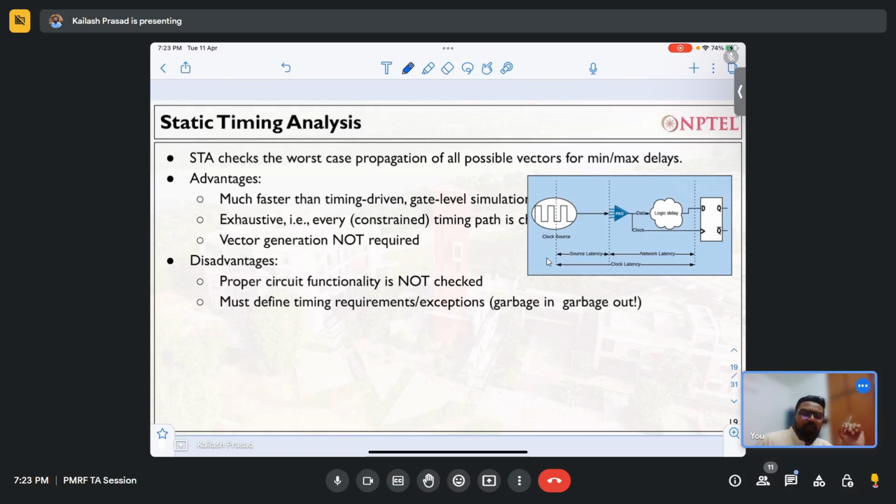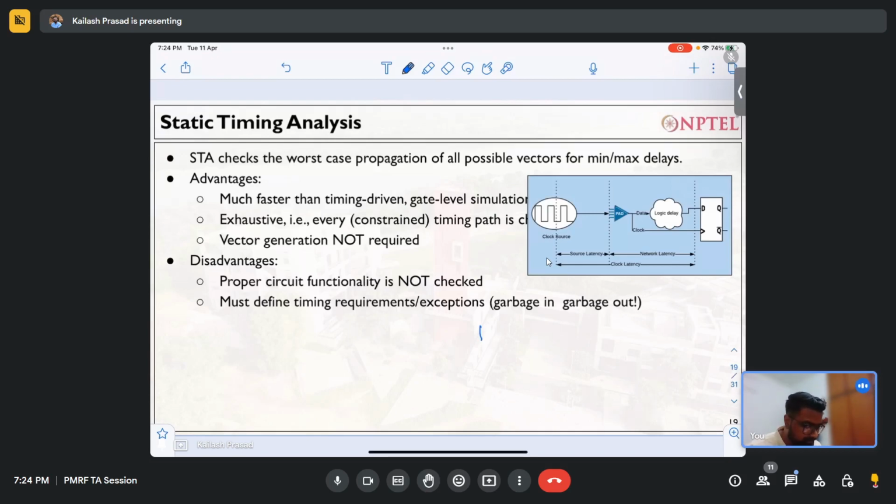Whereas static timing analysis doesn't take inputs to do the analysis. Whenever you do a dynamic timing analysis, you have to provide inputs to your design and check the output to see if everything is coming correct or not. But in static timing analysis, the beauty is you do not provide any input.